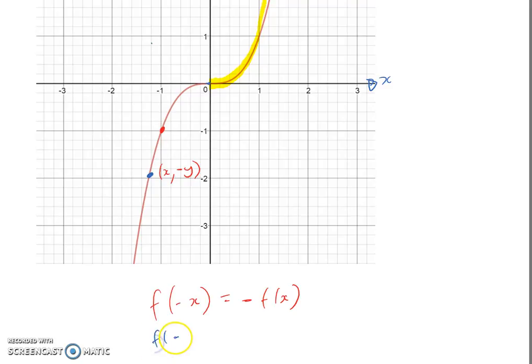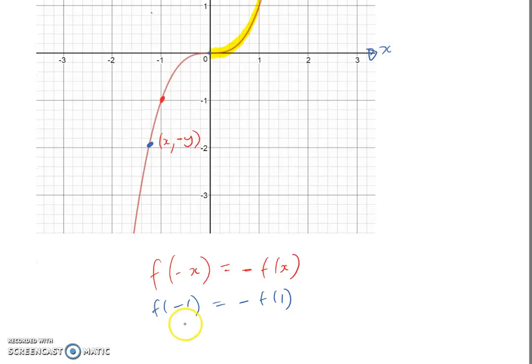If I put in f of -1, does that equal negative f of 1? So f of -1 is going to give me -1. Does that equal negative times f of 1? Remember, my polynomial here is x cubed. So substituting 1 in here, you get -1.